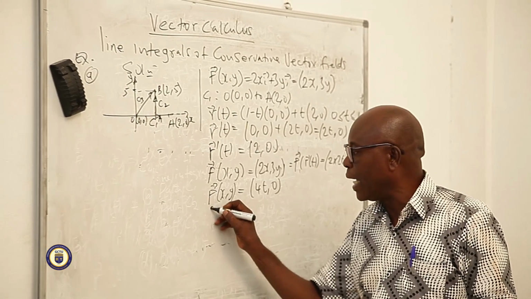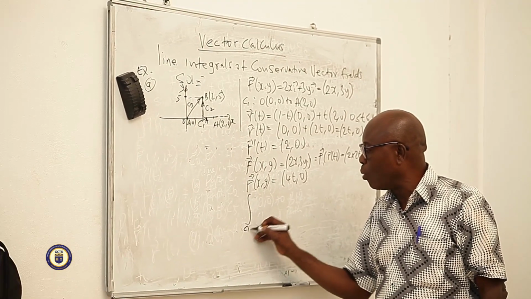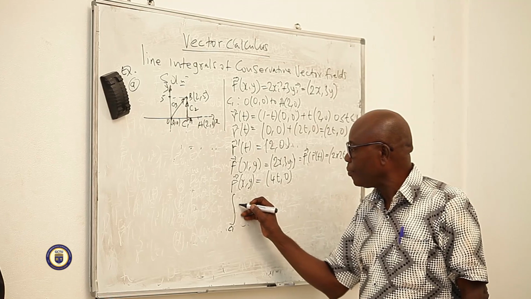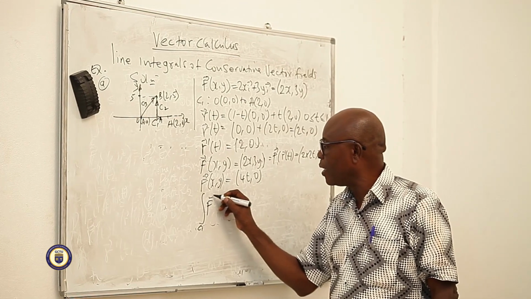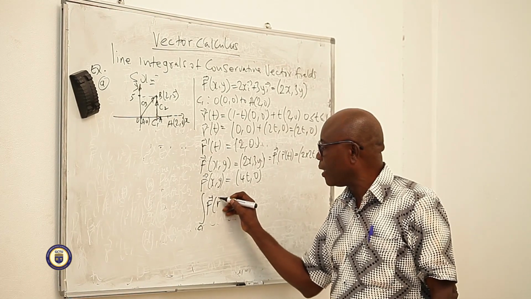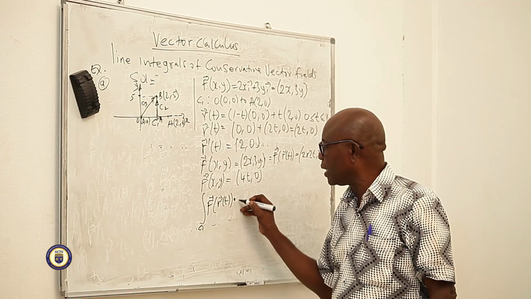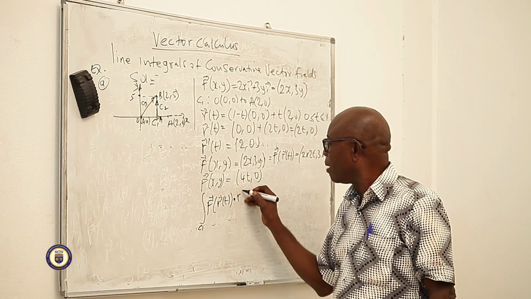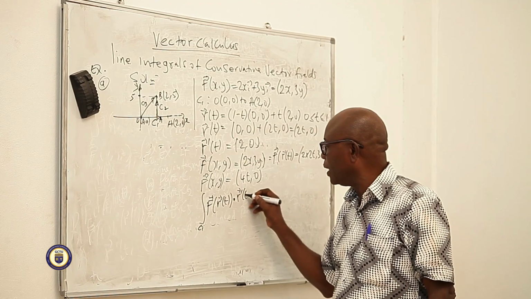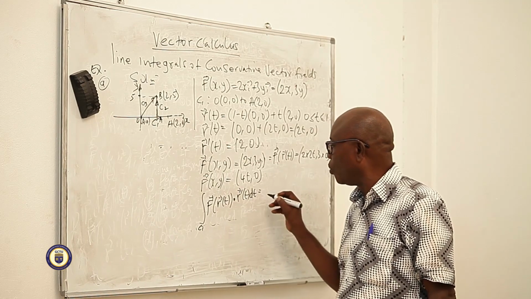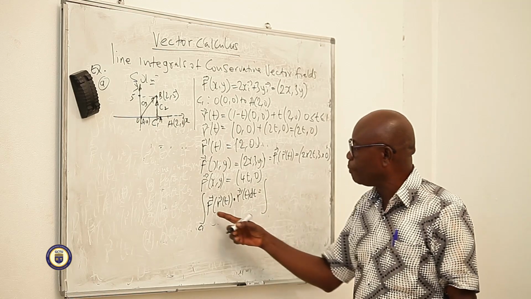With that, we can slot this into the equation for finding the line integral. So we have the line integral over C1, that is F at r(t) dot r'(t) dt.